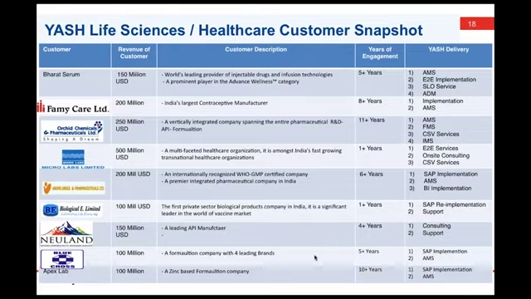So we have done extensive end-to-end SAP implementation. We are providing application management support, infrastructure management support, and computer system validation services. So these are a few of the customer engagements in India.